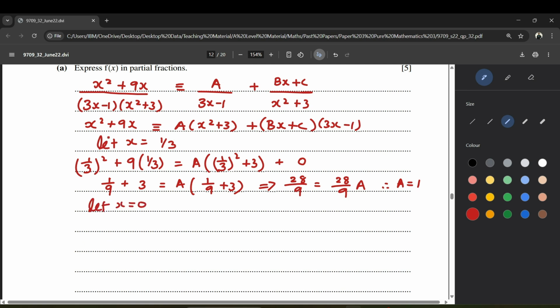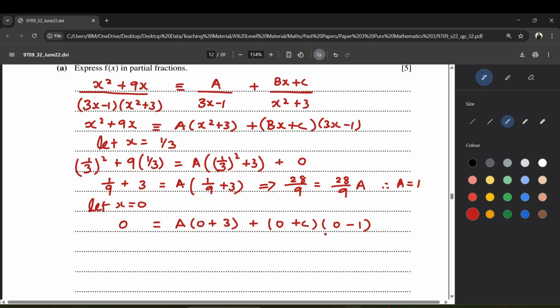On the left hand side, we'll have 0 because both of them have x, right? Then here we have a times (0 plus 3) plus, now just because this x becomes 0 does not mean that everything is going to become 0. Only b is going to become 0. So we have (0 plus c) times (0 minus 1).